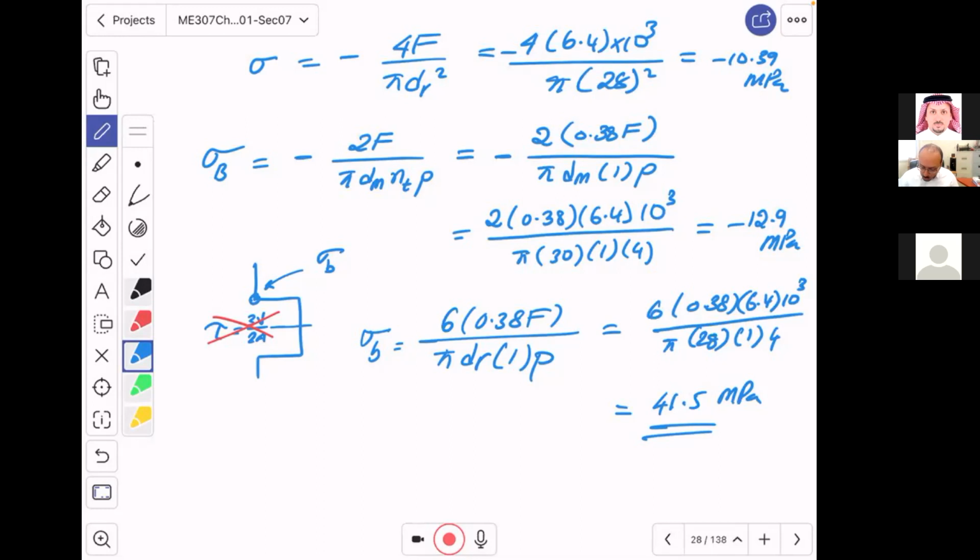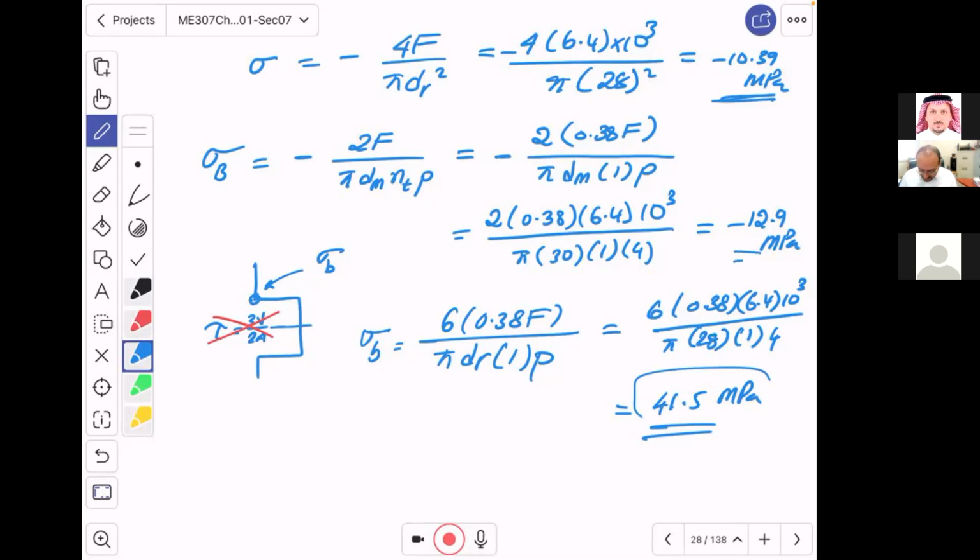The normal stress was 10. This alone is nearly 4 times the maximum stress we achieved before, which was the bearing. So bending is always the trouble, ya shabab. You have to be very careful.